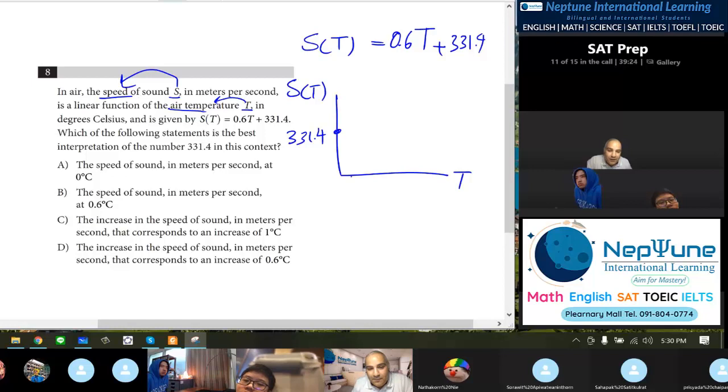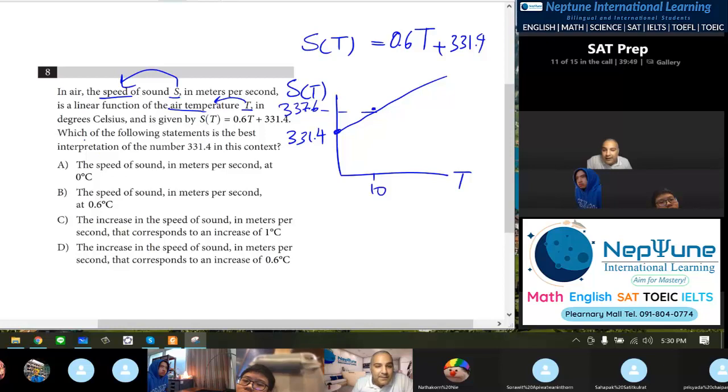Then if the temperature increases just 1, this will go up 0.6. That means for every 10, this will go 6 up. So this will be somewhere like here, and it will be 337.4. And then it keeps going up like that. It's a very nice relationship.